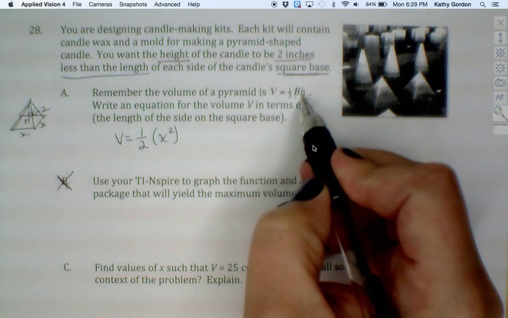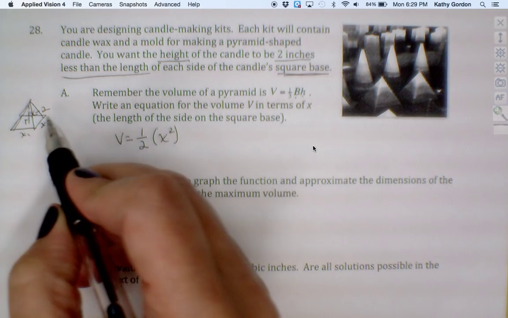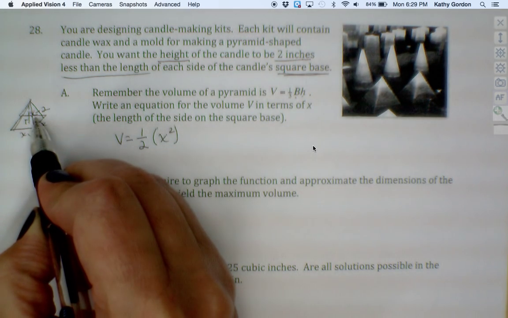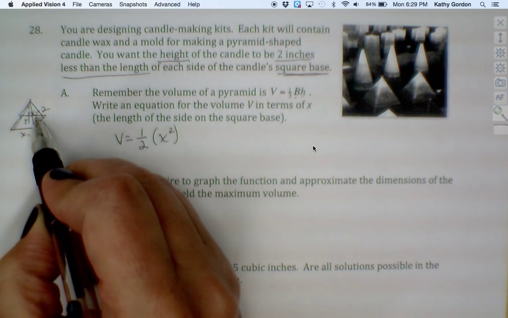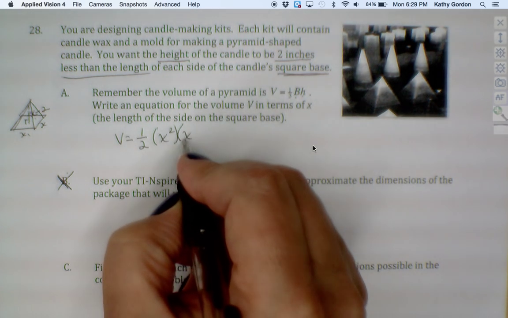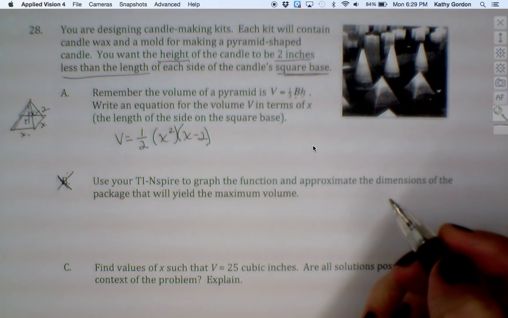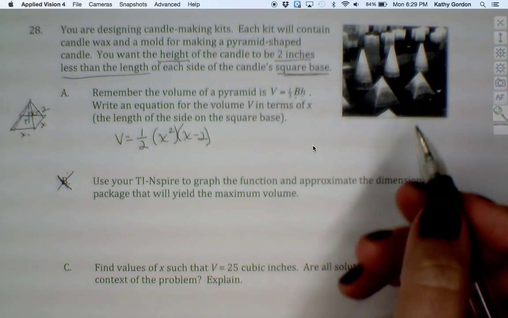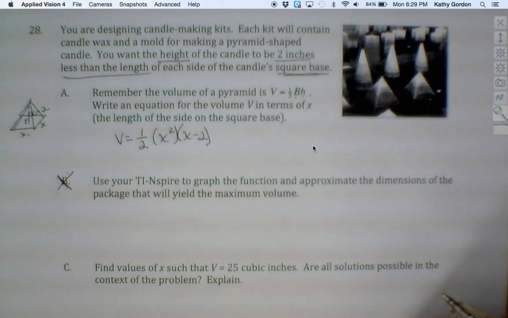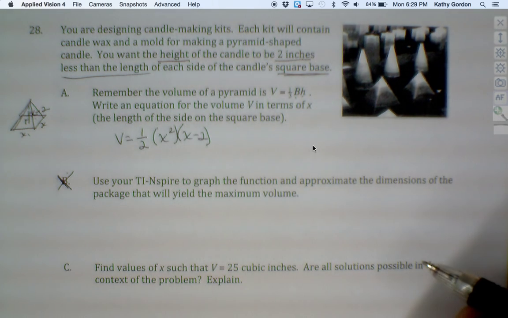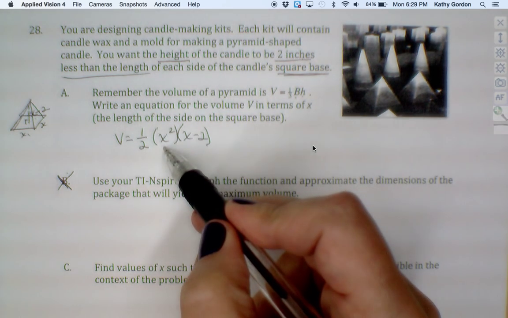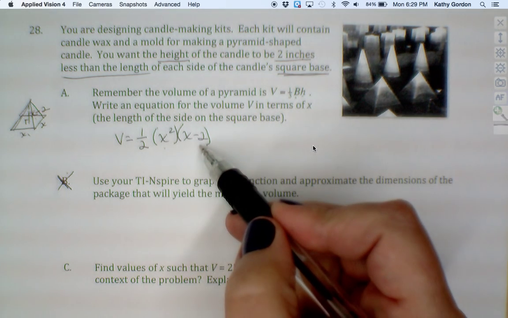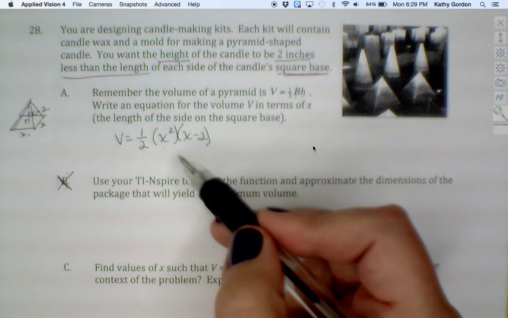And then times the height, and we've just said the height is 2 inches less than the side of the base, so the height is going to be represented by x minus 2. Okay, this is what part A is asking for. It's the equation that represents the different possible volumes based on how big your base is going to be and what the height is going to be in comparison to that.